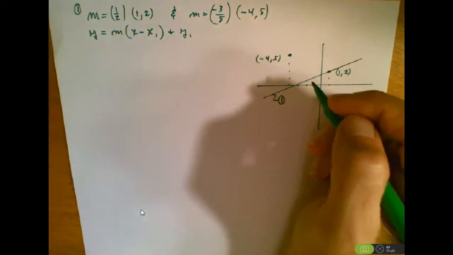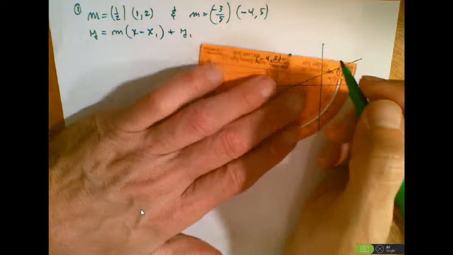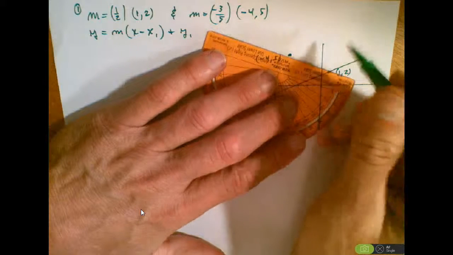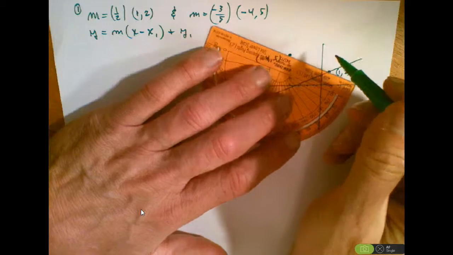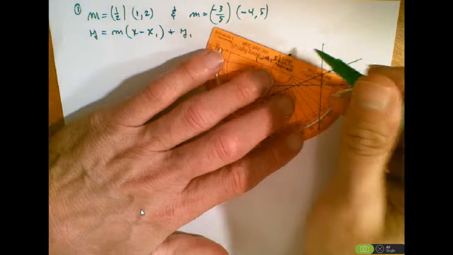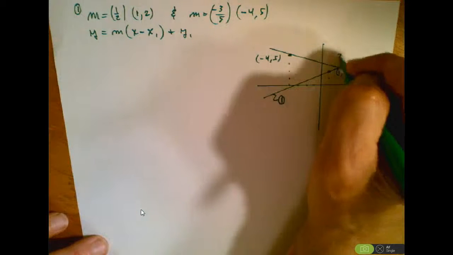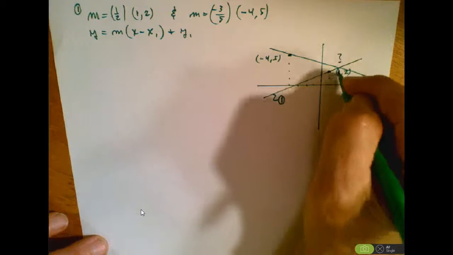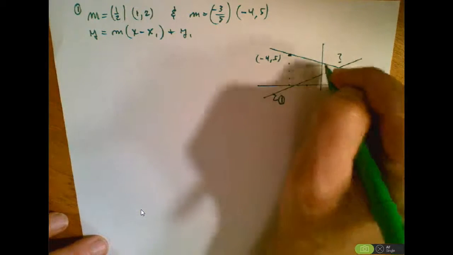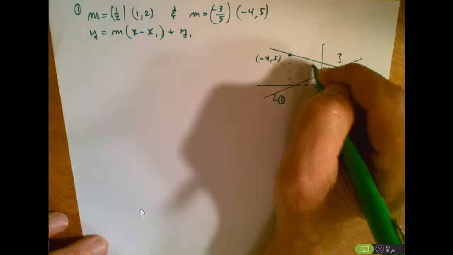It's going to have a slope of -3/5, so it's going to go down and to the right. I'm not sure where this is going to intersect, but let's not make it look like it's intersecting at (1, 2). Okay, this is our question mark. So we're going to look for this common x and this common y.